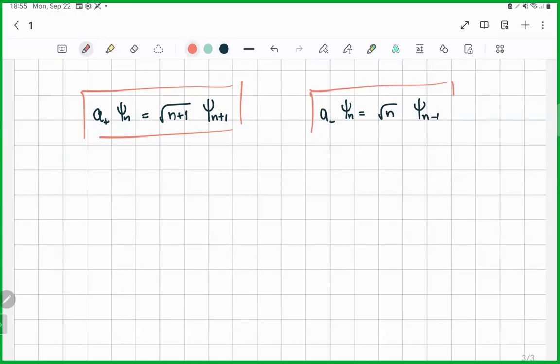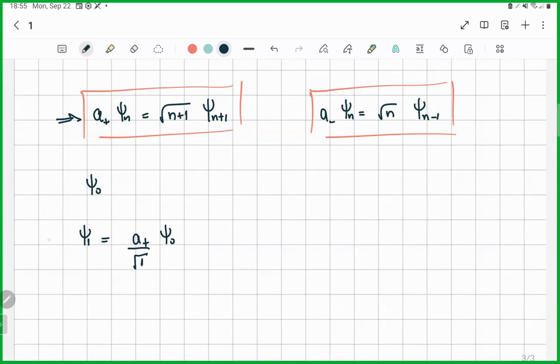All right, very good. So you see now, if we have the ground state, we can get any other state, as we already said. So if I want to get ψ₁, what I'm going to do is a₊ acting on ψ₀, and if I look at this equation here, divided by the square root of 1. It's silly to write it like this, but let's keep it this way.